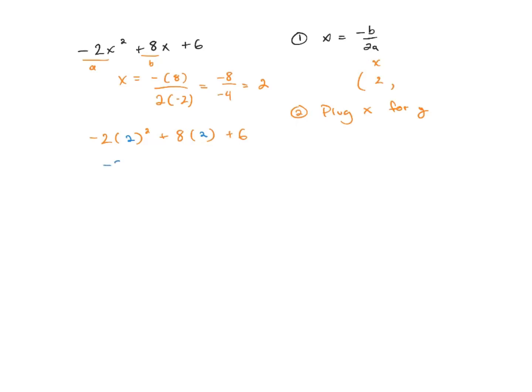Which gives me a negative 2 times a 4 plus a 16 plus a 6. Which gives me a negative 8 plus 16 plus 6. Which gives me an 8 plus 6, a 14 for my y. So here I have an x and y coordinate, or vertex, for my graph of (2, 14).